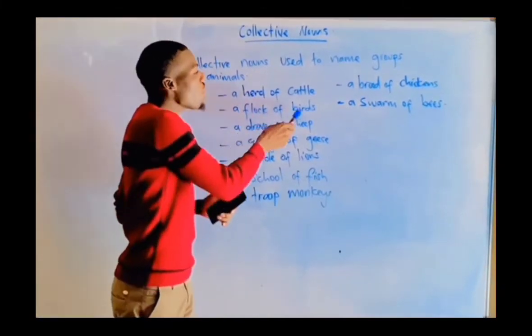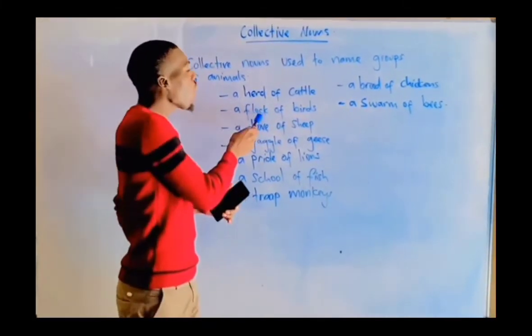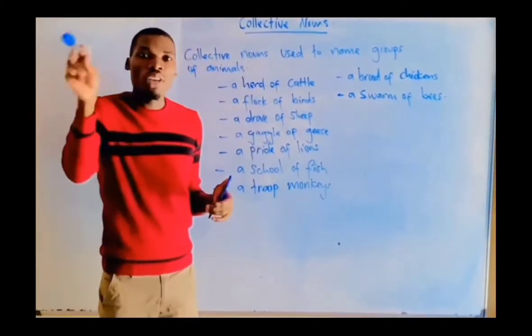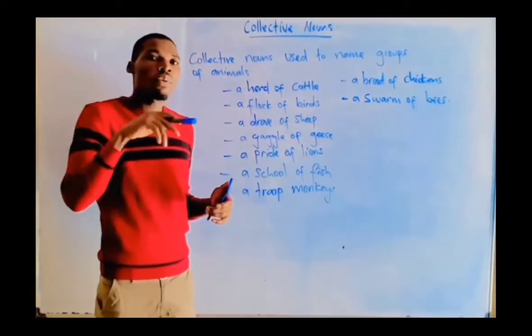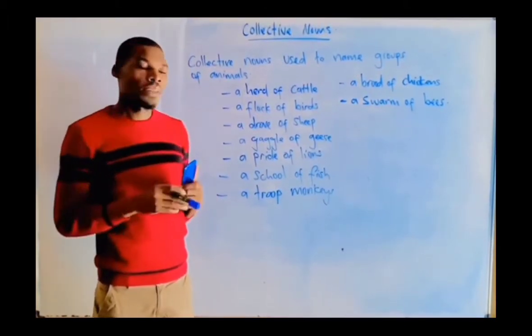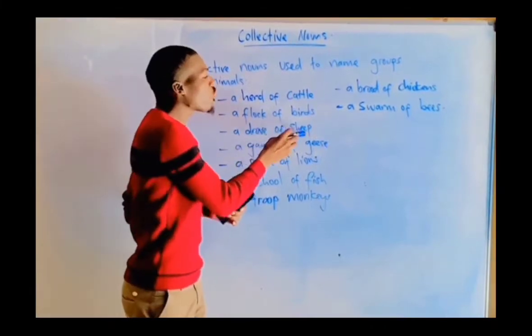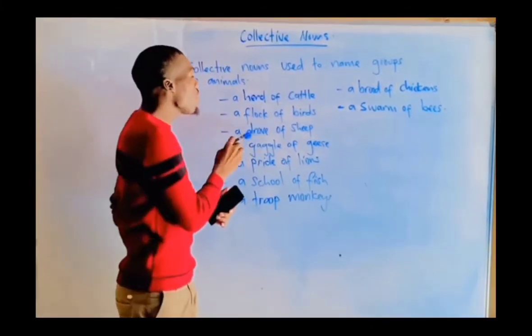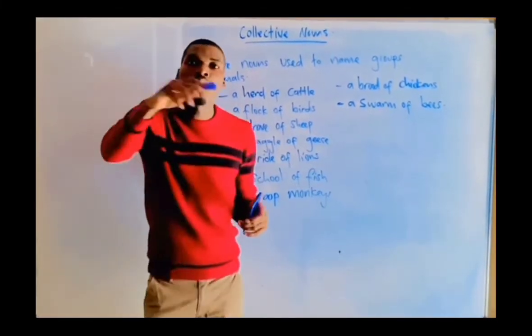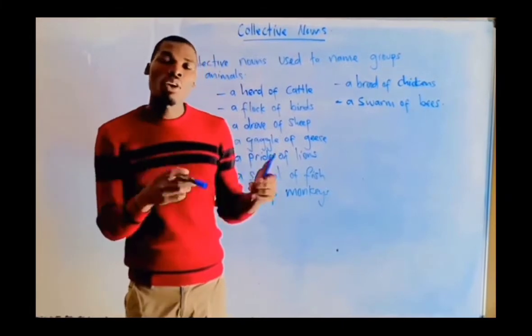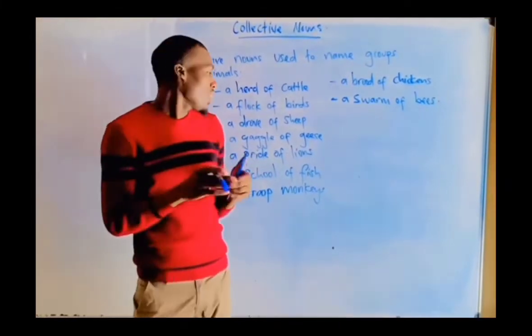A flock of birds. When birds are many, that group, we call it a flock. A drove of sheep. A group of sheep, we call it a drove.